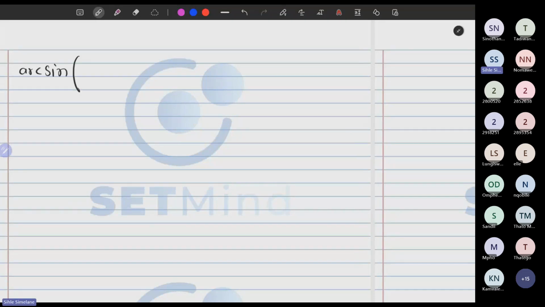We're looking at the arc sine of the sine of 2 pi over 3, and you're trying to figure out what this is equal to. Let me just equate it to x. Is this what you are trying to figure out?